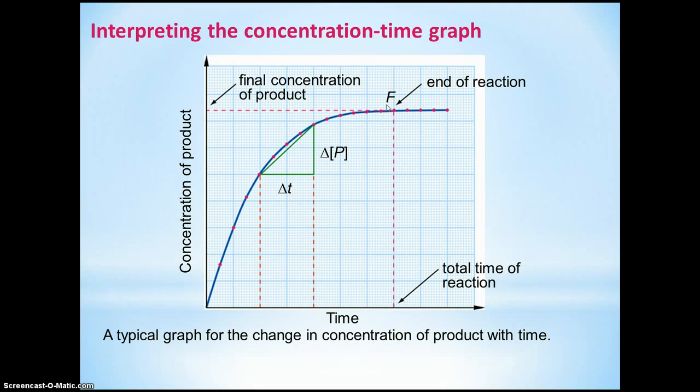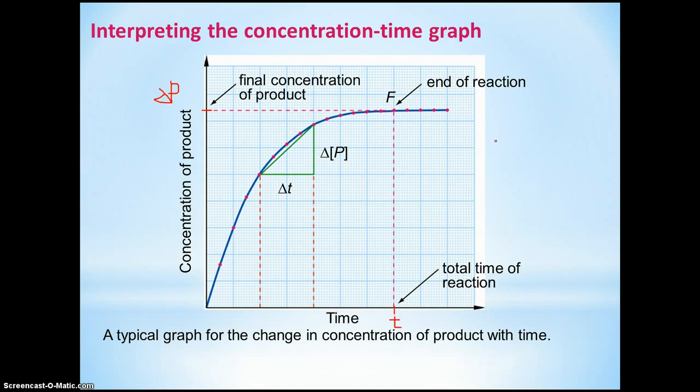So this point simply represents the end of the reaction. If we want to calculate the average rate of the reaction, then we simply use this reading. Say this reading is delta P, and this reading is T.